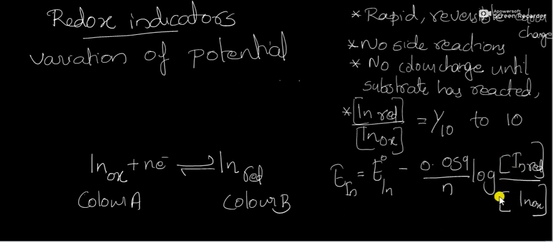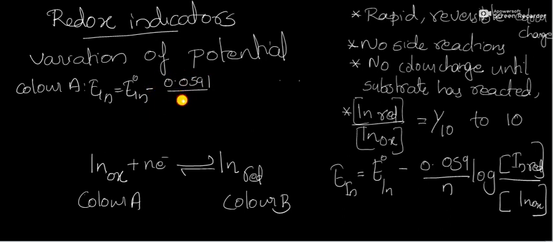That is the first case. Then we get color A, that is E indicator equal to E0 indicator minus 0.0591 divided by N into log 1 by 10.